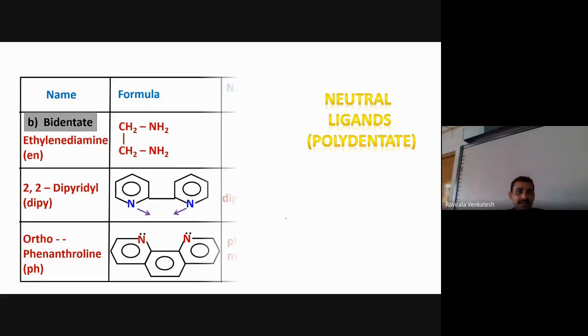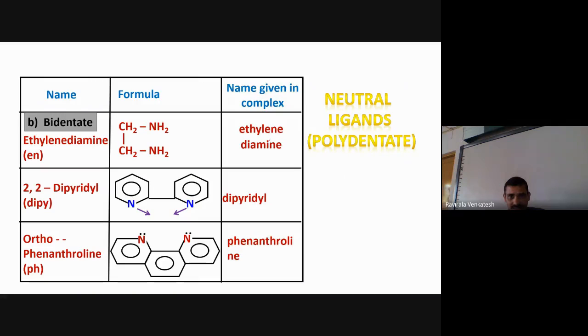Next, bidentate ligands. Ethylene diamine, just now we discussed this one. It doesn't have any charge, therefore it comes under neutral ligands. How many lone pairs are there? One here and the other here. Therefore its denticity is equal to 2, bidentate. Now dipy is nothing but bipyridine. In shortcut they call it dipy.